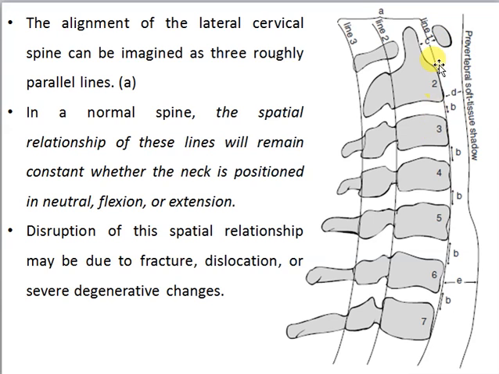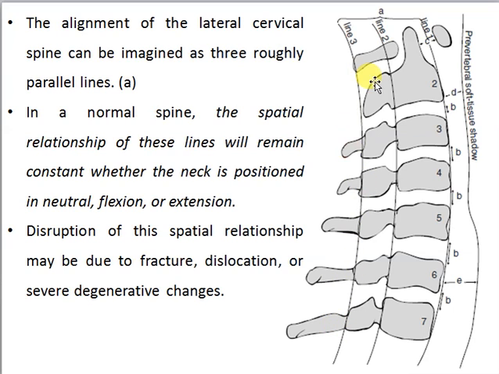One line that is anterior to the vertebral body, or you can say in front of the vertebral body. It is very similar to the anterior longitudinal ligament. The second line is the line where the posterior longitudinal ligament lies, and the third line is where the spinous processes usually end.